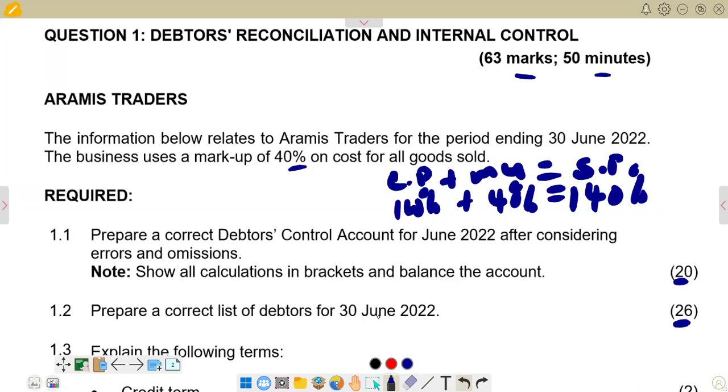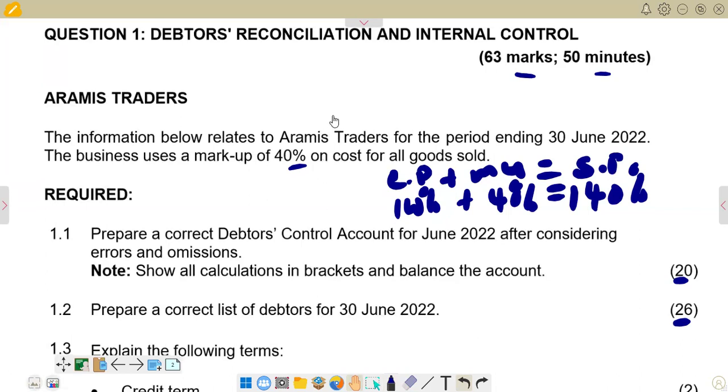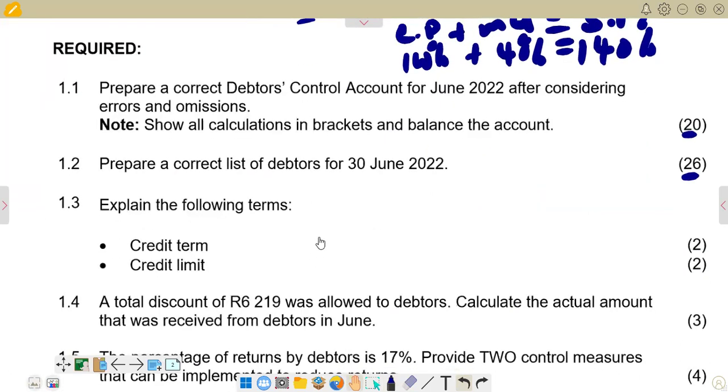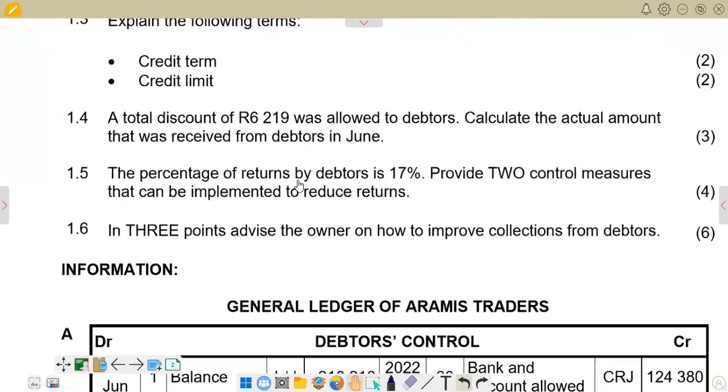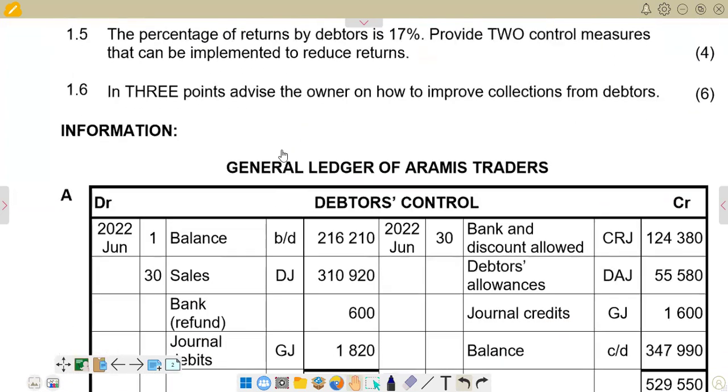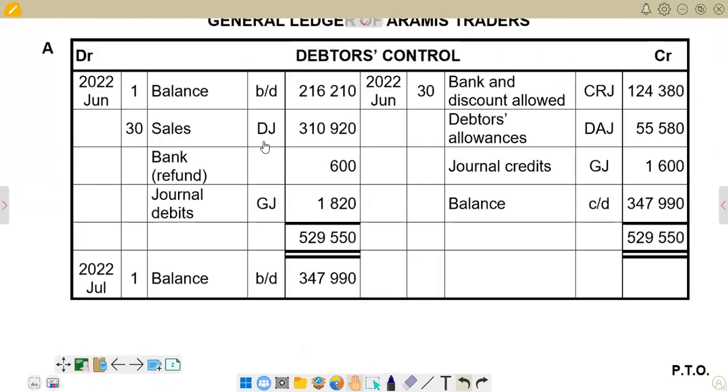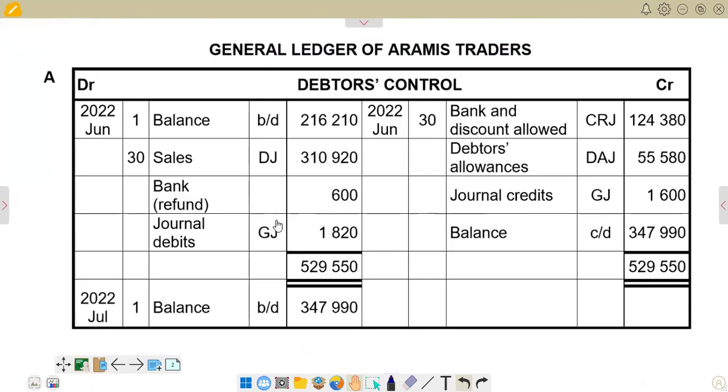We have other questions that follow, but we are going to concentrate on these in this video. If you go down, you see that we also have information that we are given beneath this. We are given the general ledger of RMS Traders, and then the debtors control, where we've got the debit side and credit side. This is the debtors control that we are going to correct according to the question.